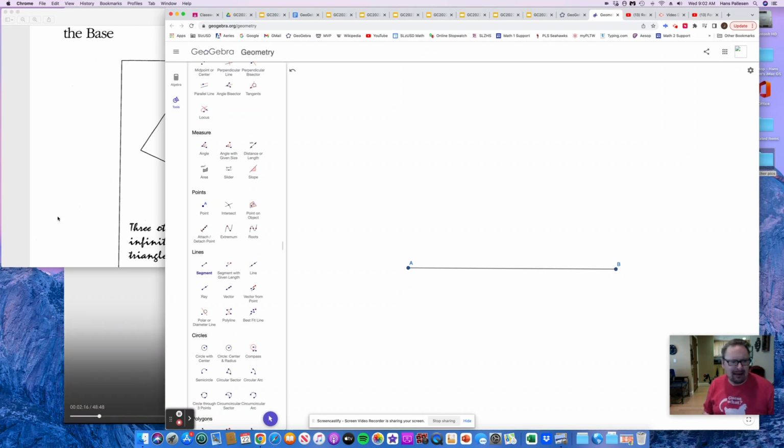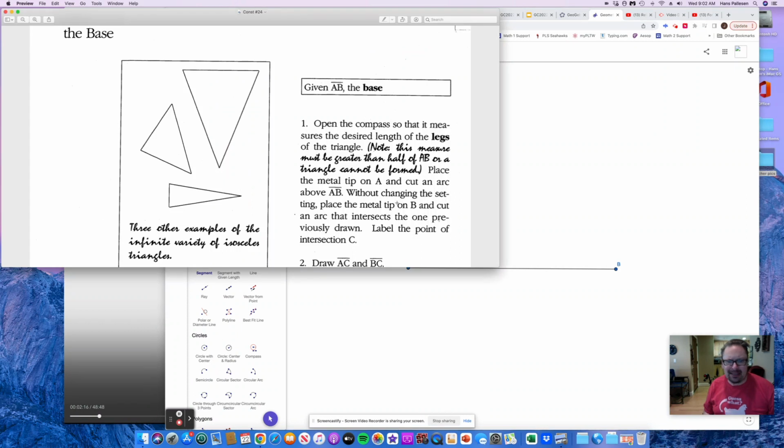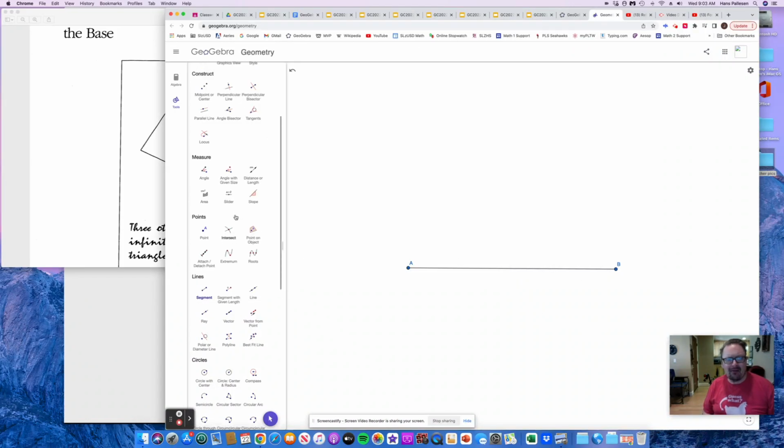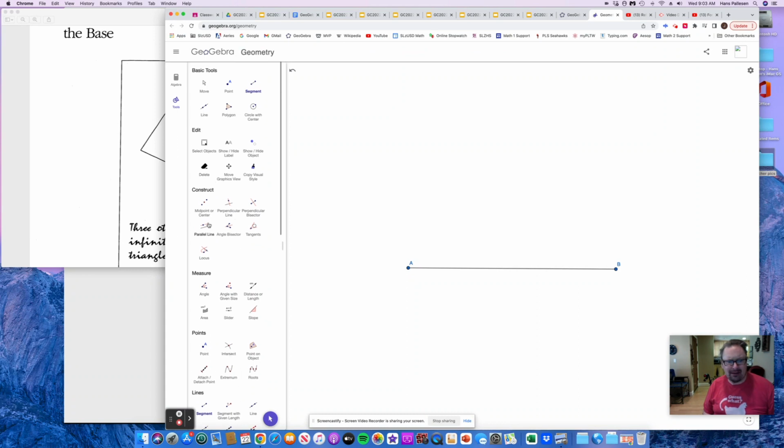And then when you read this, it says, open the compass so that it measures the desired length of the legs of the triangle. Note, this measure must be greater than half of AB or a triangle cannot be formed. So I'm going to do this. Let's find the midpoint.